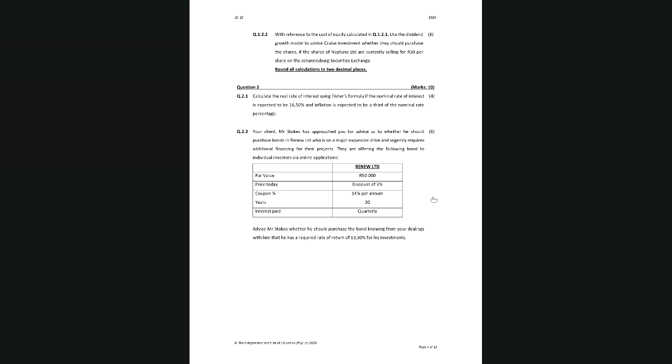Page 111, yield to maturity. That's basically what your calculation here will be: what is the yield to maturity for this bond? YTM is calculating, if I purchase this bond, what would be my return if I kept it for the full 20 years? Okay. Does that make sense?